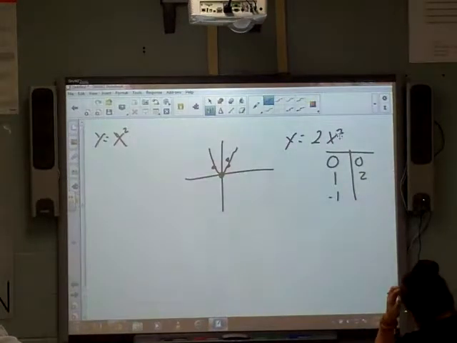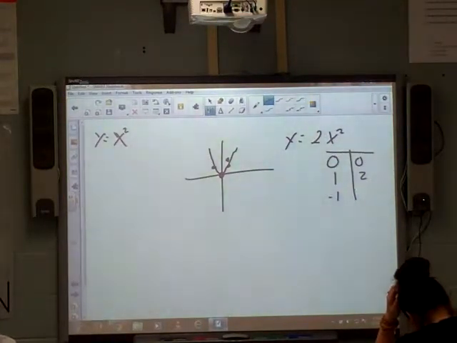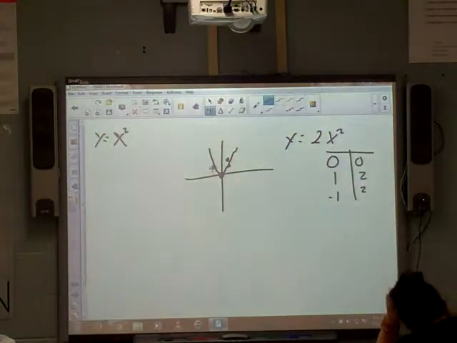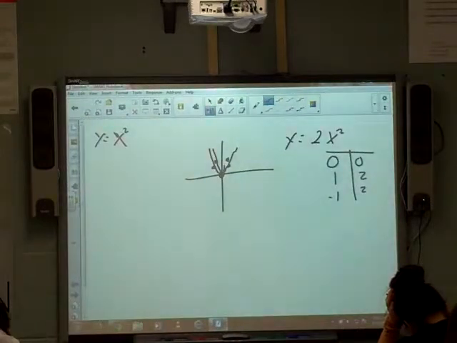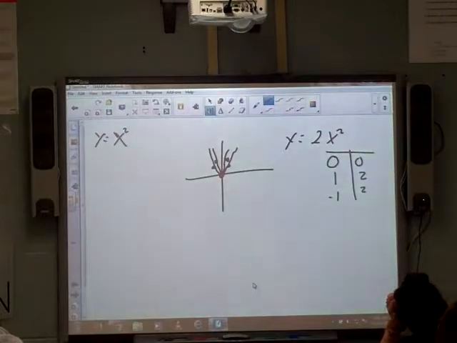Same thing here, negative 1 squared is 1 times 2 is 2. So where this was left 1 and up 1, now it's left 1 and up 2. So there would be our other parabola. We got both of those parabolas graphed.